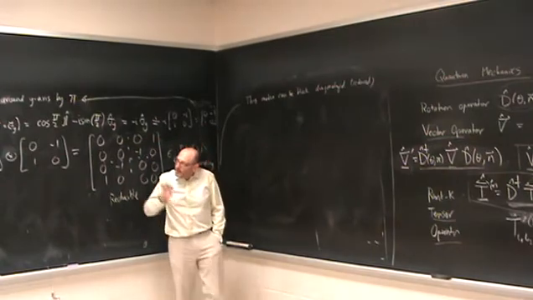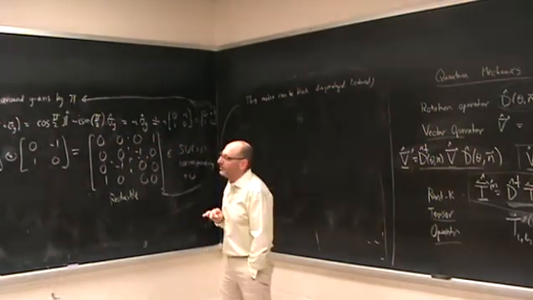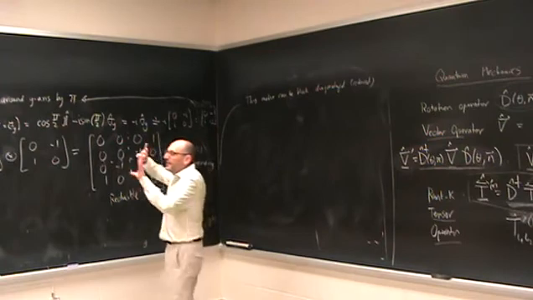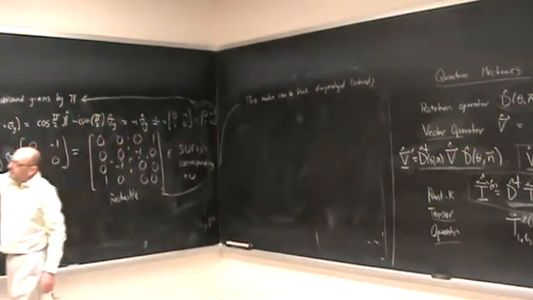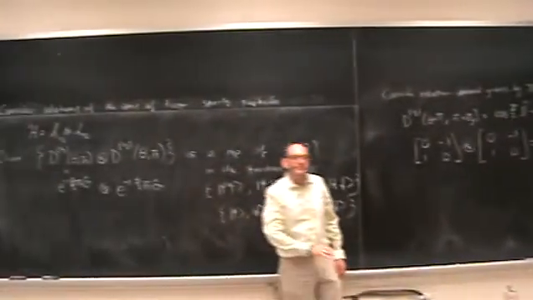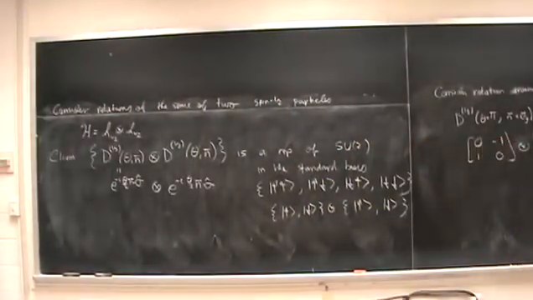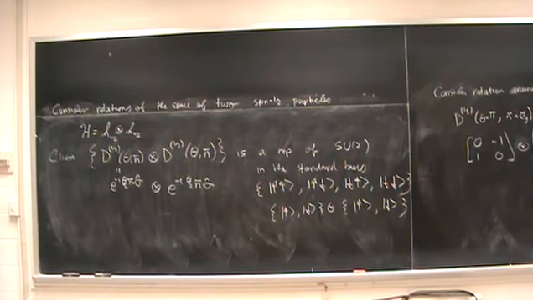Well, in this case it's obvious, because this does the same thing to both spins. If I'm in a subspace which is symmetric, it keeps the subspace symmetric because it does the same thing to both spins. If the subspace is antisymmetric, it stays antisymmetric.